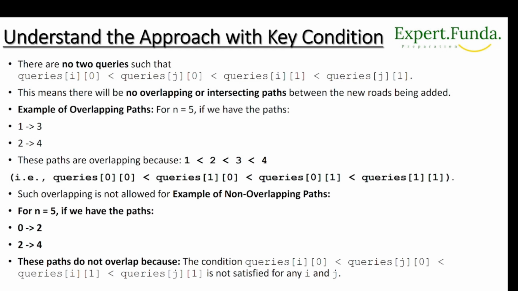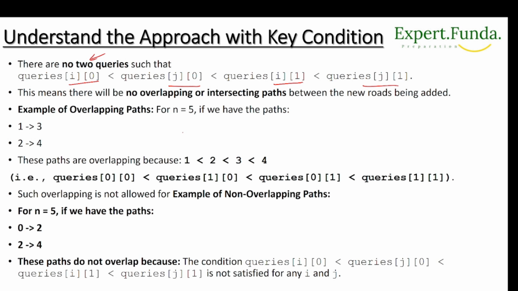So we have to understand the approach with the key conditions. In the problem statement, this is the condition: no two queries are given such that queries at I0 is less than J0 is less than I-1 and less than J-1, right?